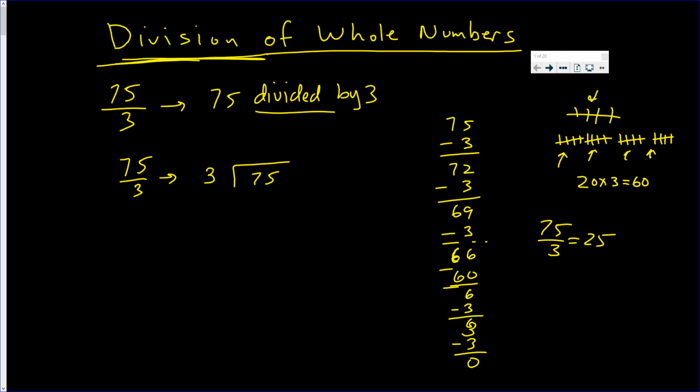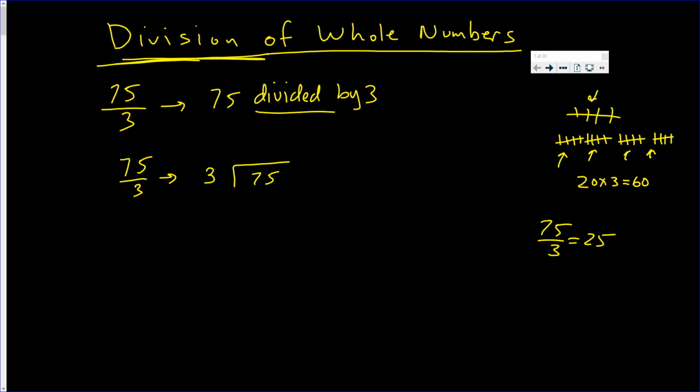Now, we can do it another way, the more standard way. Let's look at the 3 times table. 3 times 0 is 0. 3 times 1 is 3. 3 times 2 is 6. 3 times 3 is 9. 3 times 4 is 12.